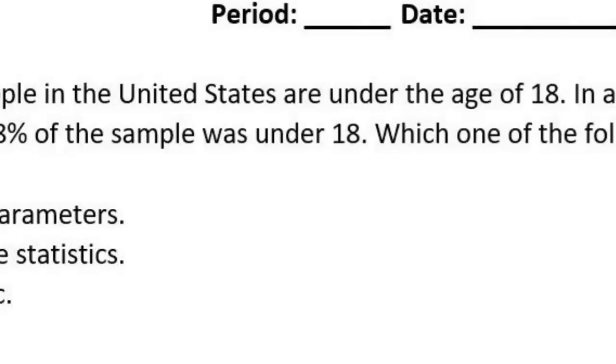The difference is, where did you get the numbers from that you're doing something with now? If you got those numbers from every single member of the entire population, then what you calculate from that is a parameter. If you got the numbers that you're working with by taking a sample, then what you calculated is a statistic.